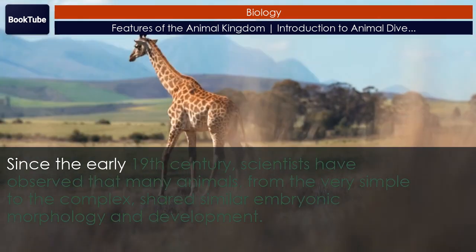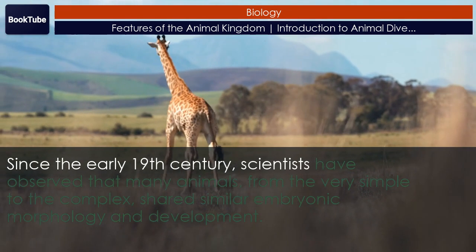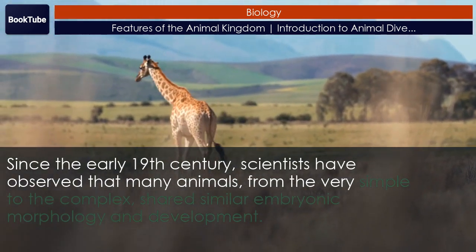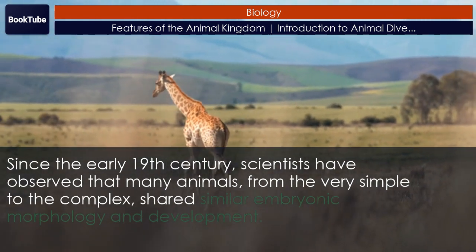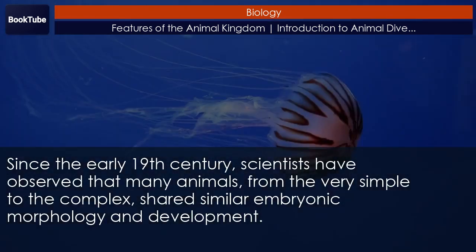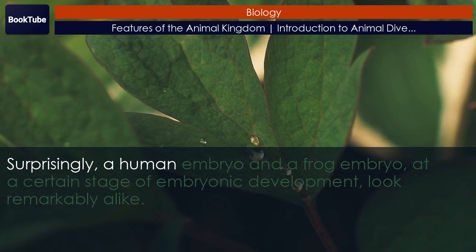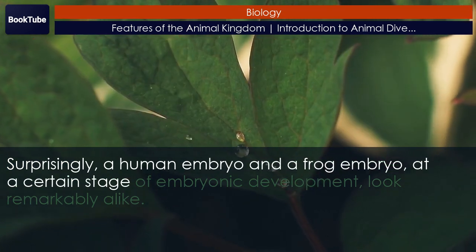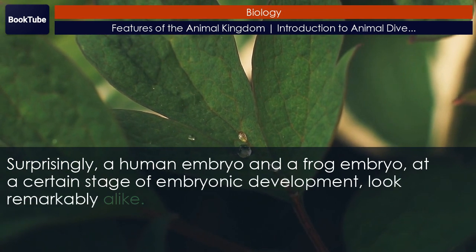Since the early 19th century, scientists have observed that many animals, from the very simple to the complex, shared similar embryonic morphology and development. Surprisingly, a human embryo and a frog embryo, at a certain stage of embryonic development, look remarkably alike.